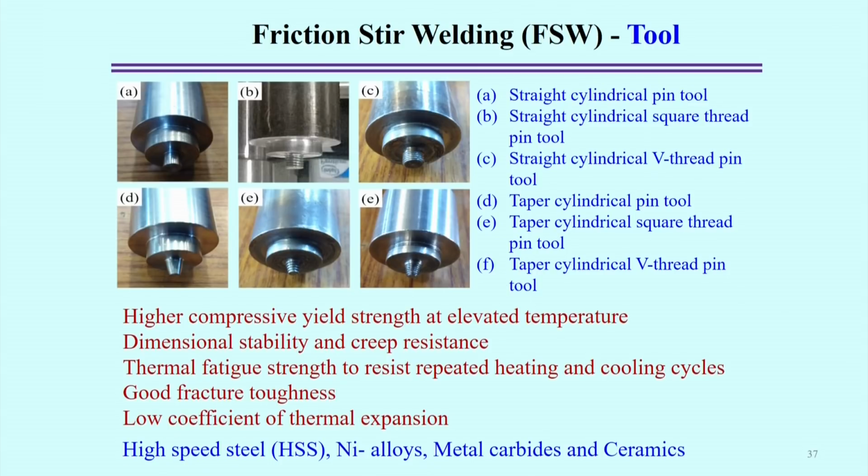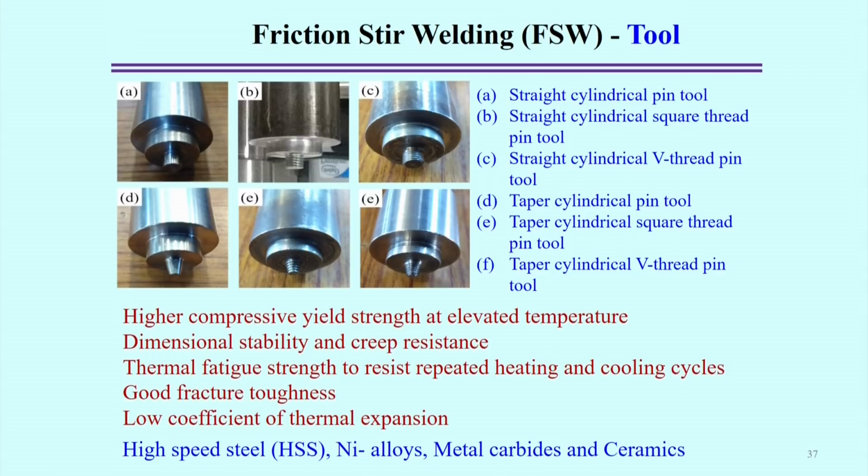The tool shoulder surface is flat, and the pin is formed apart from that, with a size very small compared to the shoulder diameter. It is called a straight cylindrical tool pin with a flat cylindrical shoulder surface.